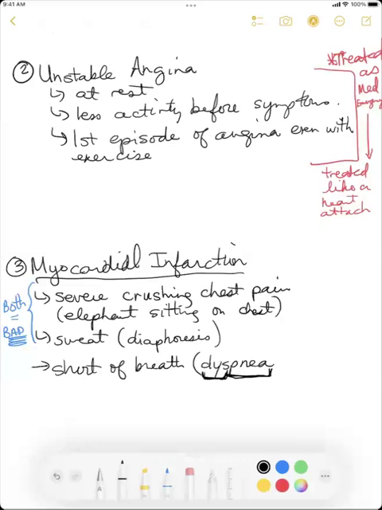If somebody has apnea, they're without breathing, okay? If somebody is breathing fast, remember tachycardia? If somebody's heart is beating fast, it's tachycardia. Tachy is fast, so we just put tachy on, tachypnea. Tachypnea is breathing fast. In this case, it's dyspnea or shortness of breath.